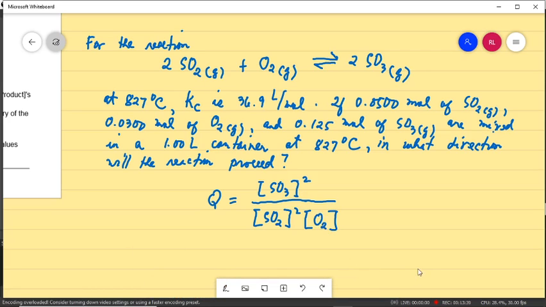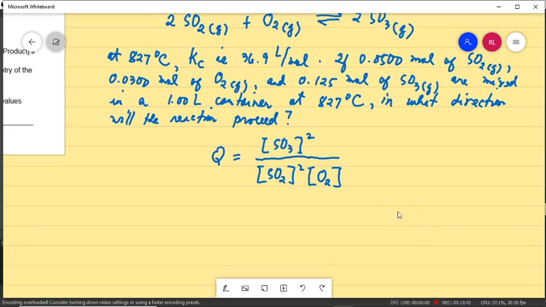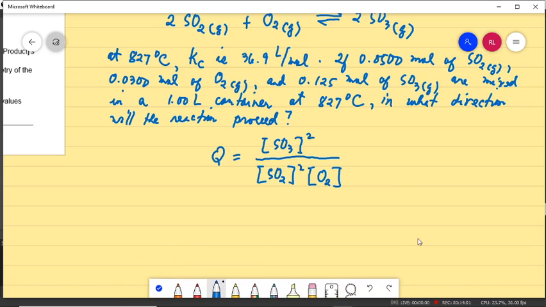Now, take note that all of these substances are placed in a 1 liter container. So that means our divisor is 1. So we can just simply substitute, since there's no need to divide since the divisor is 1.